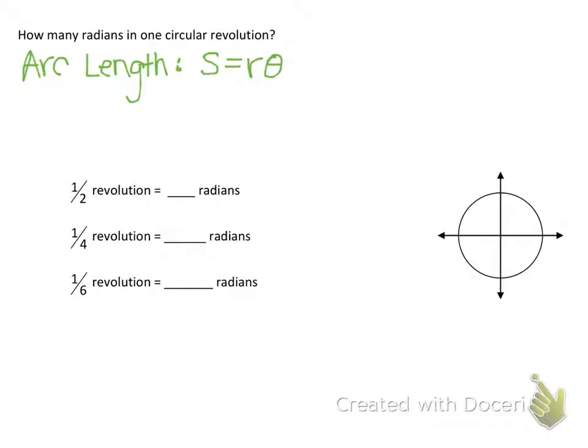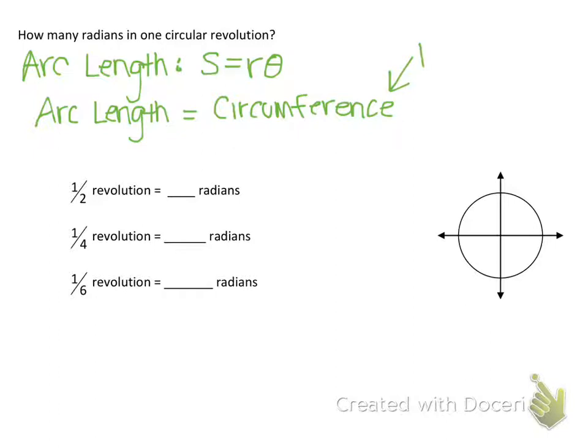So for a full revolution then, our arc length equals the circumference. And again, that's because it's a full revolution. So therefore, we know that circumference is 2 pi r.